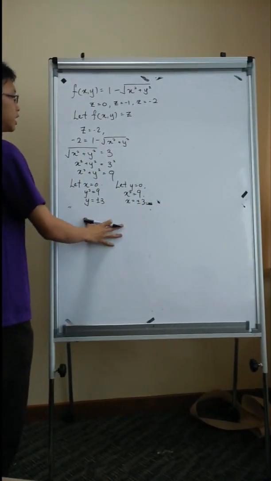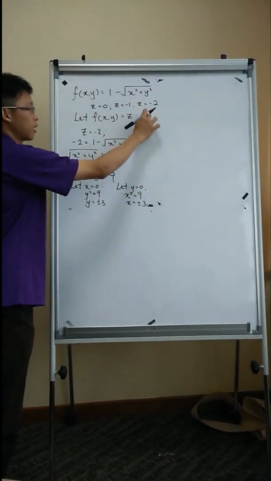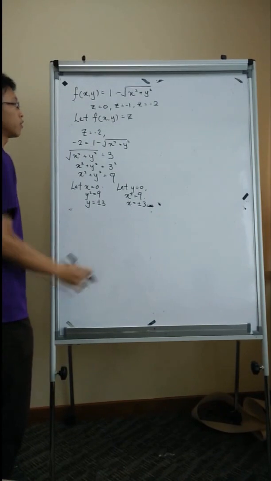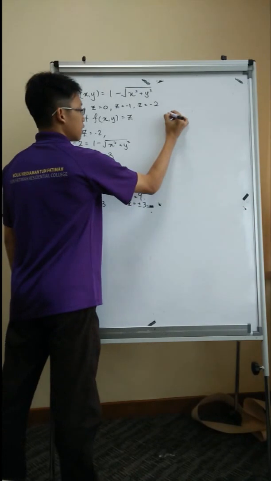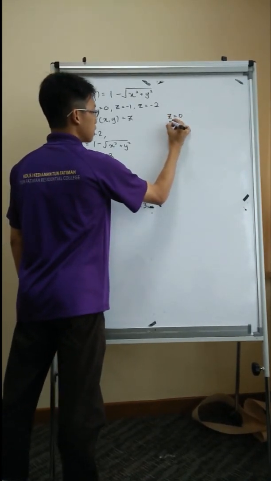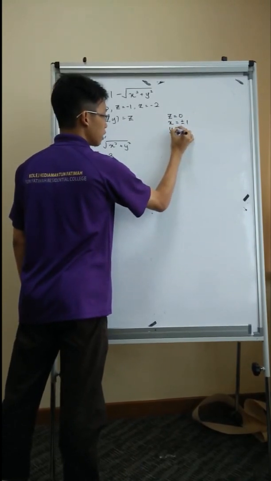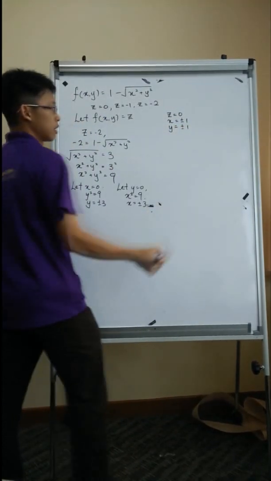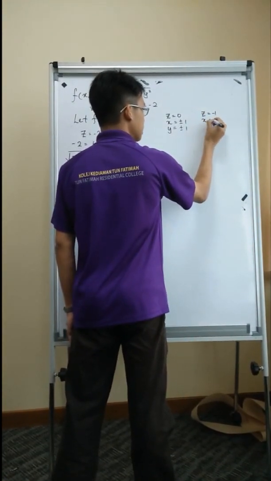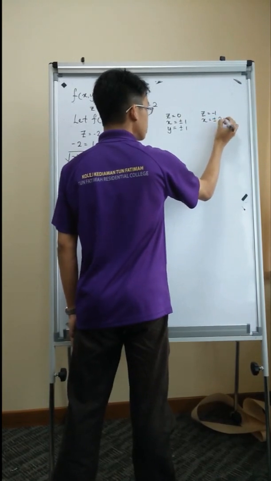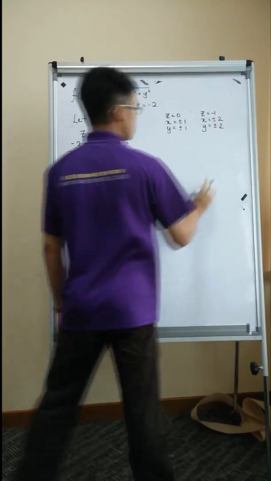So after we find out the x and y values for the 3 values of z, we can draw the contour level of the function. So from the previous one, when z equal to 0, x equal to plus or minus 1, y equal to plus or minus 1, z equal to -1, x is equal to plus or minus 2, y equal to plus or minus 2.